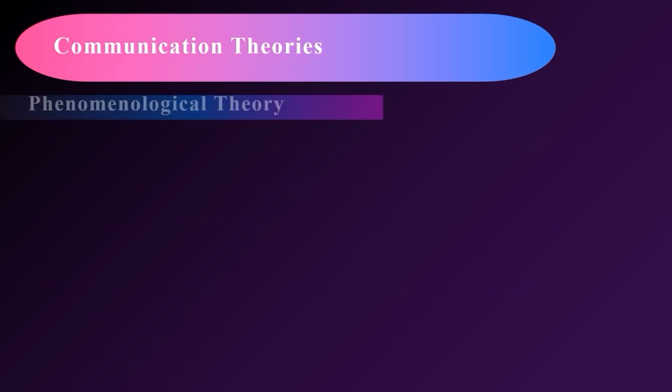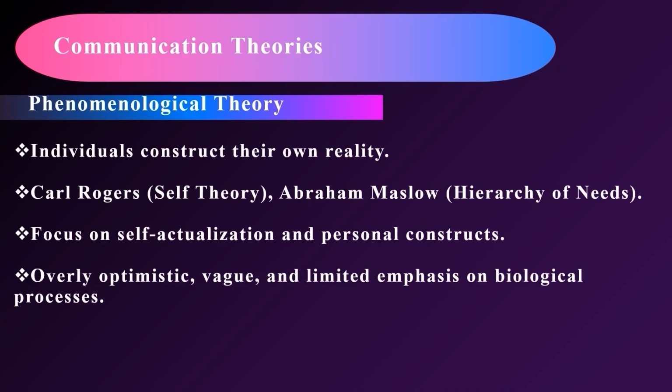Next one is phenomenological theory. Phenomenological theorists emphasize that each person actively constructs his or her own world. According to this, the specific way each person perceives and interprets the world makes up one's personality and guides one's own behavior.